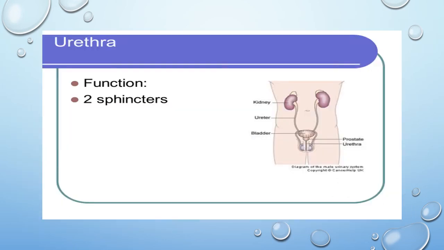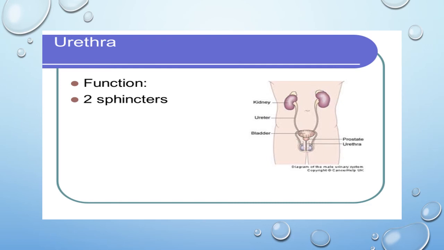Okay. As we're moving out of the urinary bladder, we have the urethra. You have one. It's a thin-walled tube that carries urine from the bladder to outside the body. Again, not by gravity, but by peristalsis, those smooth rhythmic contractions. There are 2 sphincters involved with the urethra. Remember, we talked about sphincters before in the digestive system.